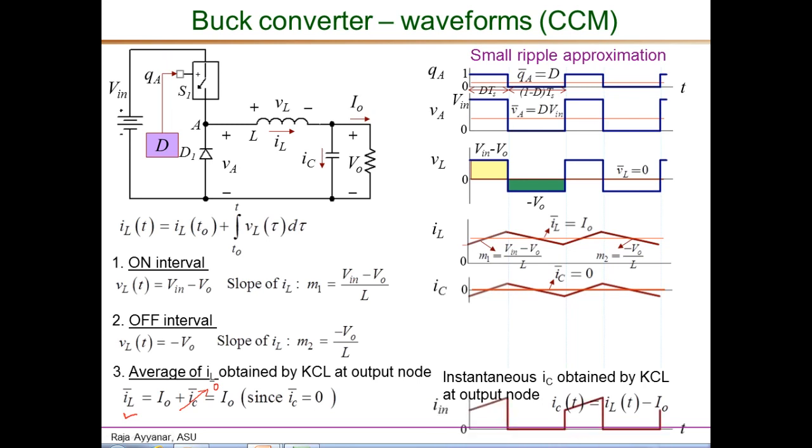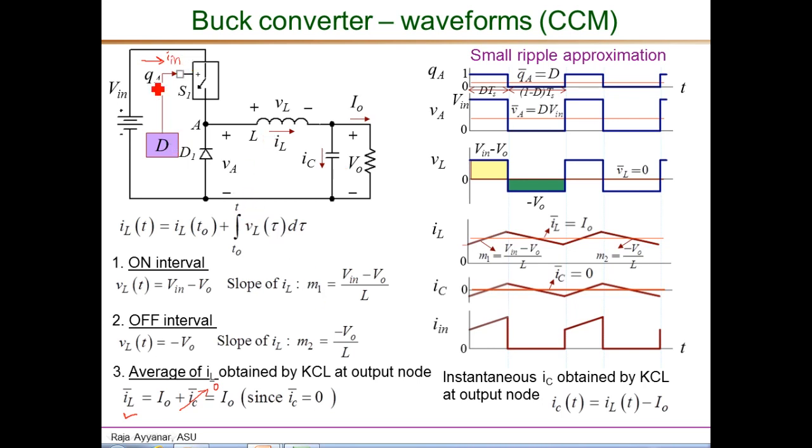The last waveform in this slide is the input current for the buck converter, current drawn by the buck converter from this DC voltage source, which is also, as seen from the schematic, equal to the switch current. So when the switch is on, the current drawn from the input, or IN, I should have defined it here, IN is in this direction, IN instantaneous.